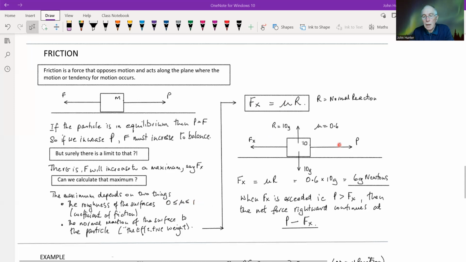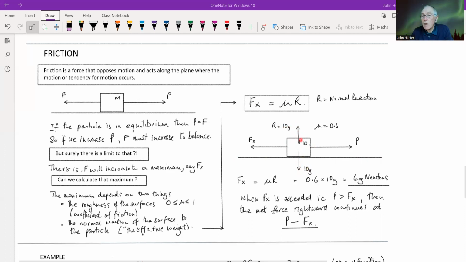Okay, so let's just work that through a little bit more. So here we've got a mass of 10 kilograms sitting on a horizontal surface. It's got a weight of 10g newtons acting on it due to its own weight, and therefore a reaction force of 10g.